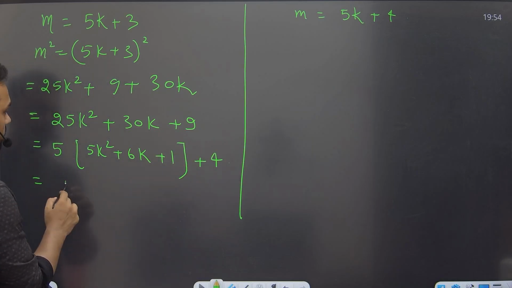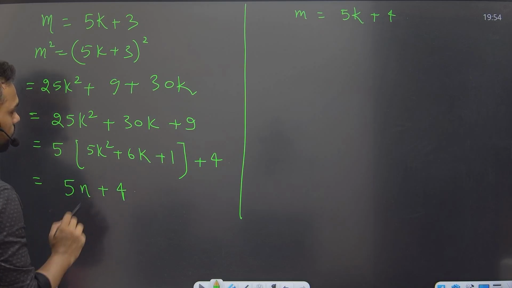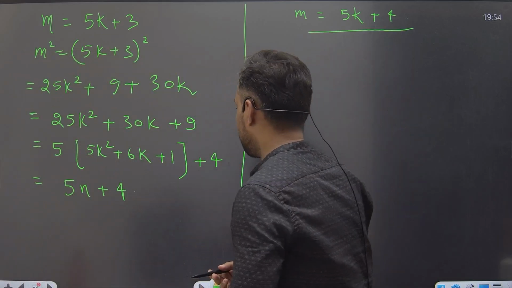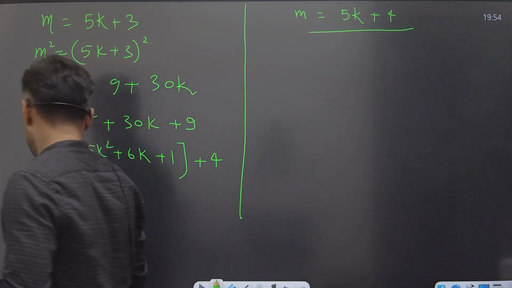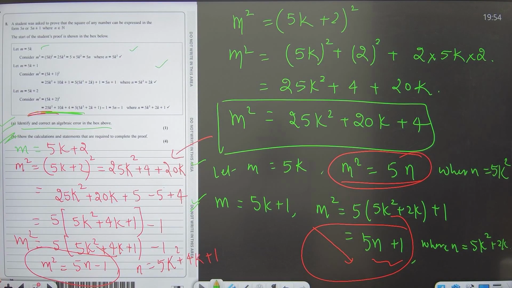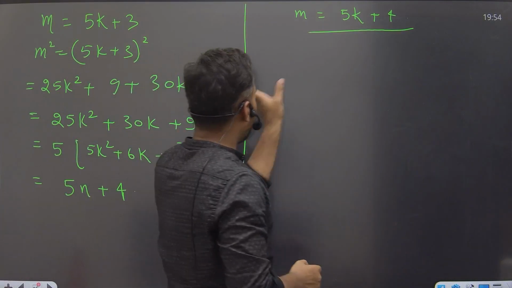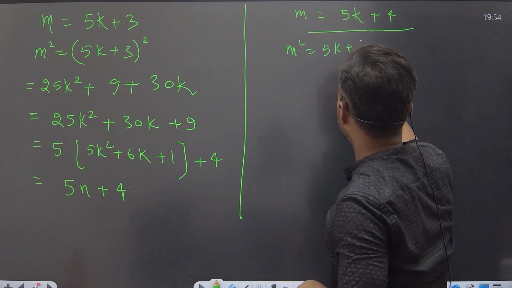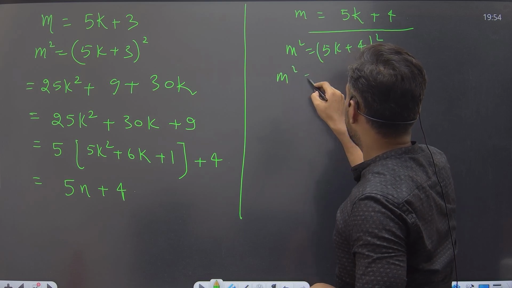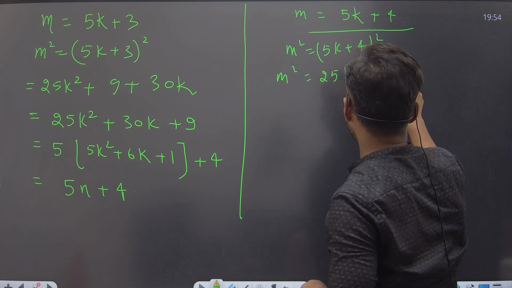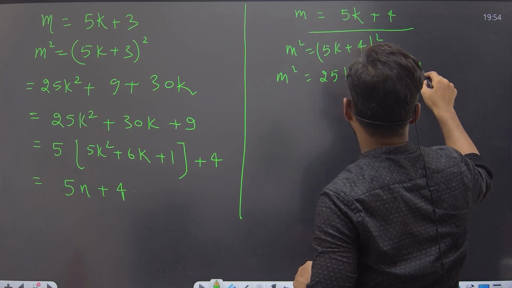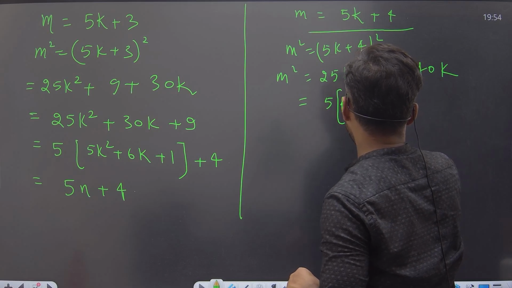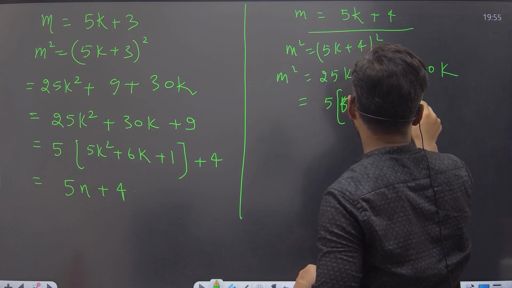So we can say here that it can be written in the format of 5n plus 4. Similarly, if we plug in the value of m equals 5k plus 4, again we will get a certain value. M square is equal to 25k square plus 16 plus 40k. Again taking 5 common, you will get 5k square plus 8k plus 16.